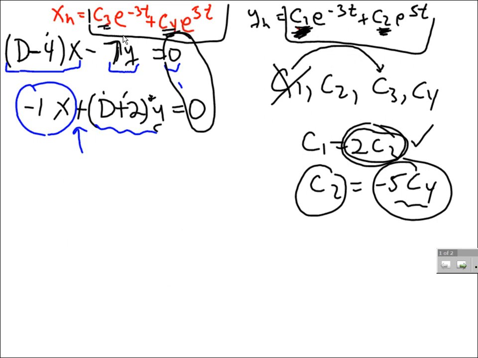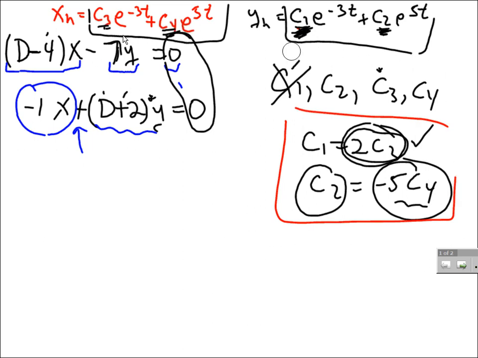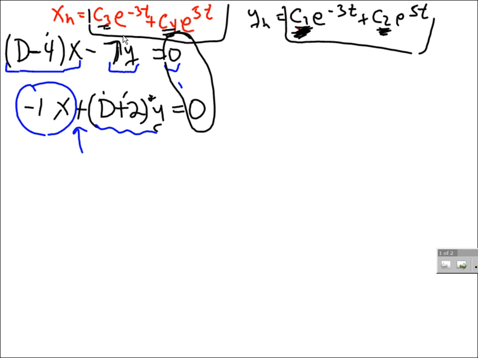So how do I find a relationship like this? The answer is you plug it back into one of the original equations. The original equations were dx/dt plus 4x plus 7y. The other one was this.